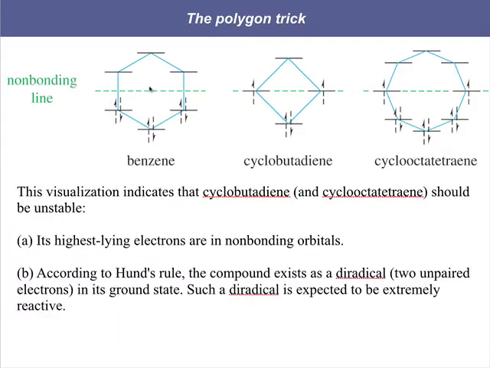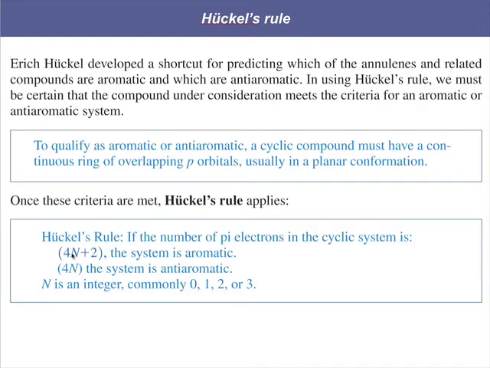It's cyclic, it's conjugated, it's planar, and we have no unpaired electrons. There are 6 electrons in the system, and 6 electrons is 4n plus 2 if n is 1. So a system with 6 electrons will be aromatic.